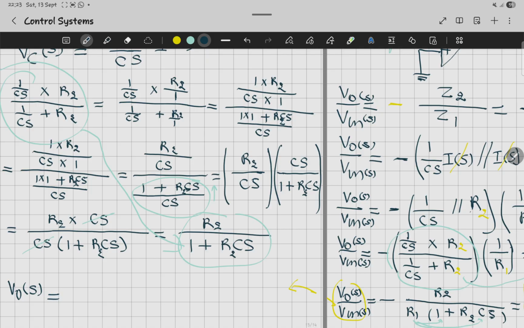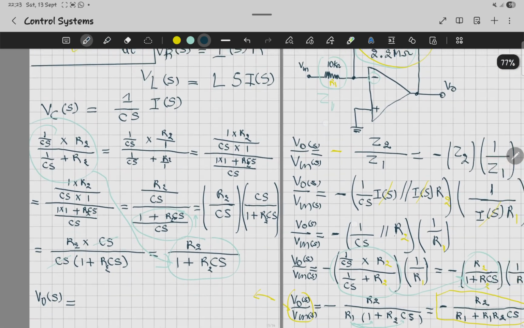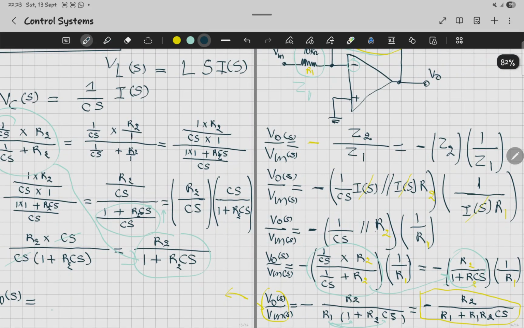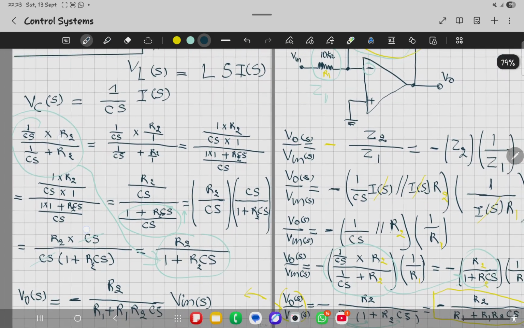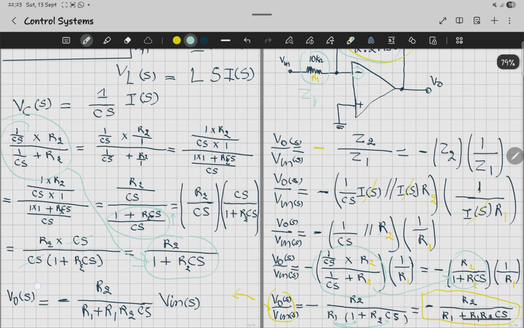So V out will be equal to the final equation times V in. So it's going to be negative R2 over R1 plus R1 R2 CS times V in. This is what we get for our V out in S domain.